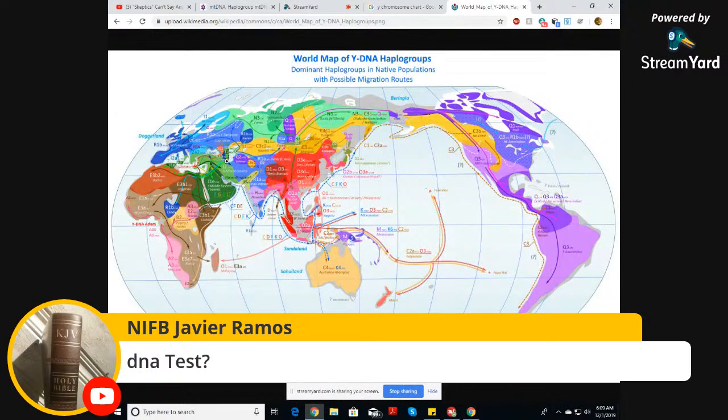So the R1B is an immigrant from the Middle East, which is Japhethite. R is Japhethite. Q and R. Of course, this is Q, and this is R over here. Basically, probably very similar because they're close together. They even have parentheses around each other.